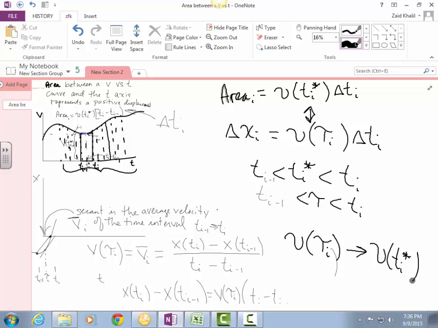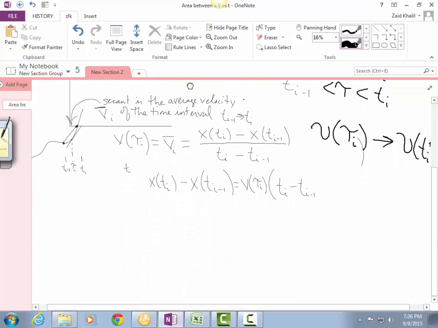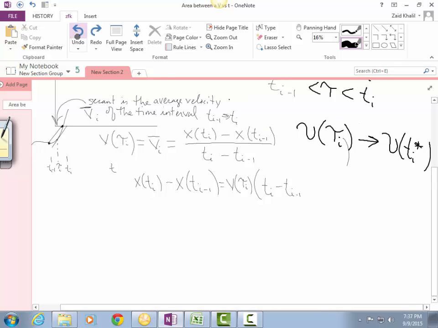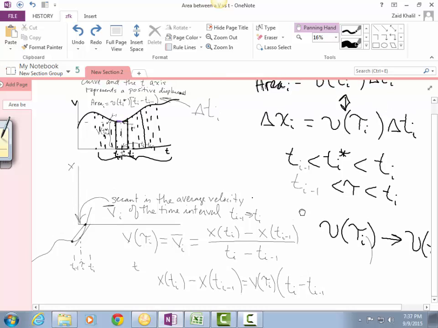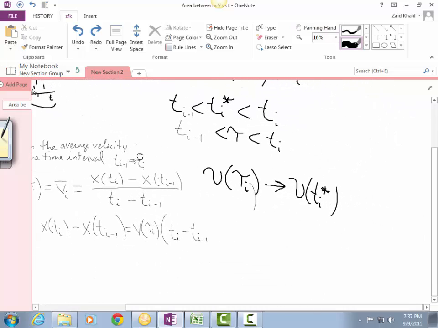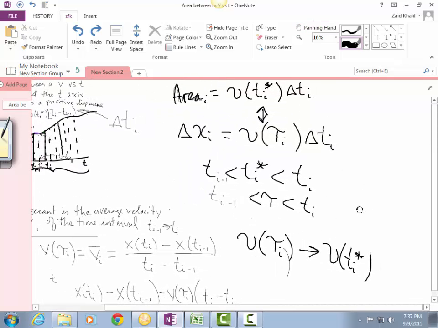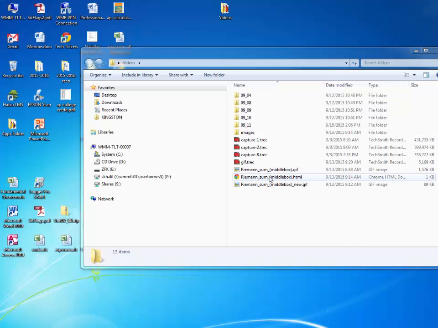So this is going to approach the slope of the corresponding tangent line. I hope that's clear. So therefore, the area is equal to the displacement over that interval. So what it looks like is something like this.